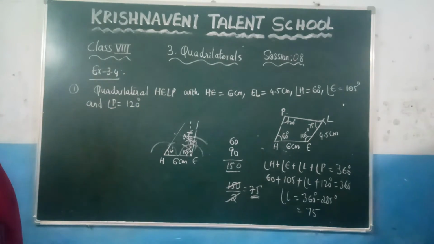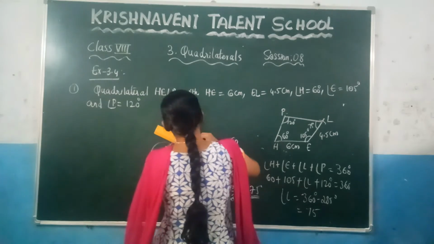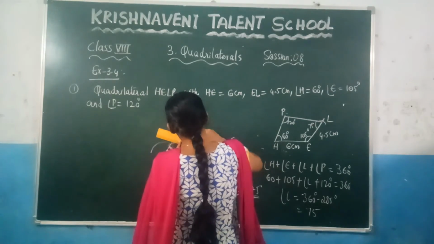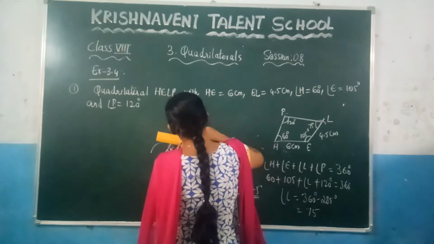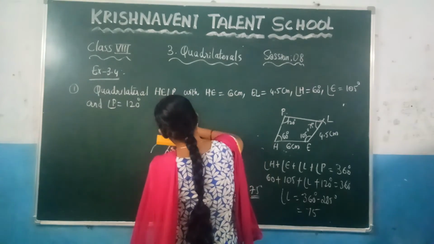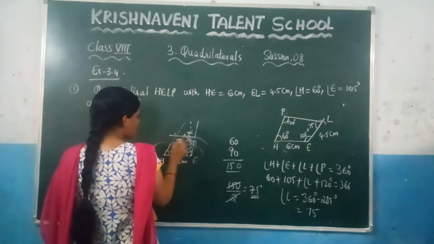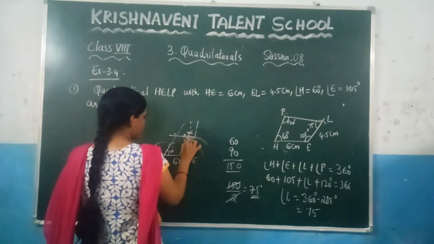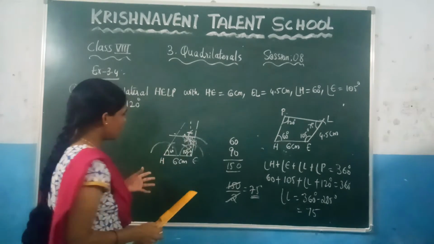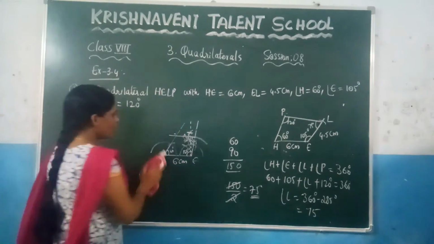So you can join with the help of the line. So we have joined this arc so that this will be 75 degrees. Like this you can construct without using the protractor.